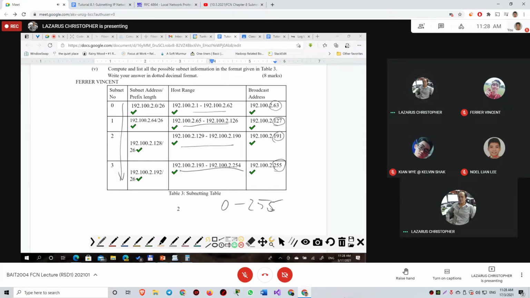The original one has this as network and this as broadcast, and the usable range is 1 to 254, the original single subnet. So when you divide, you minimum start from 0. If you divide some more, still 0 is the first one.